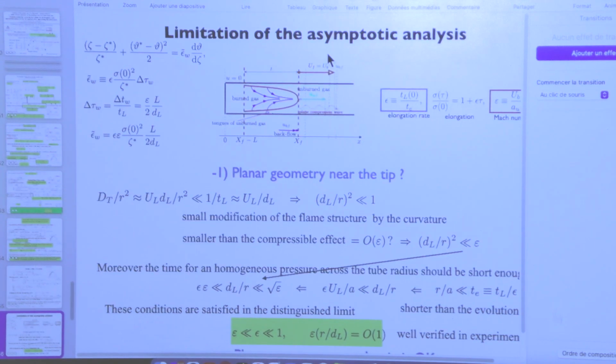Okay, now let me come back to look at the different approximations I made. The first was to consider the tip as a planar flame. So the first thing is to look at what about the curvature here?